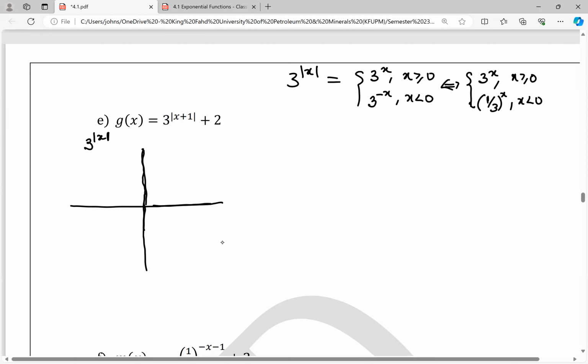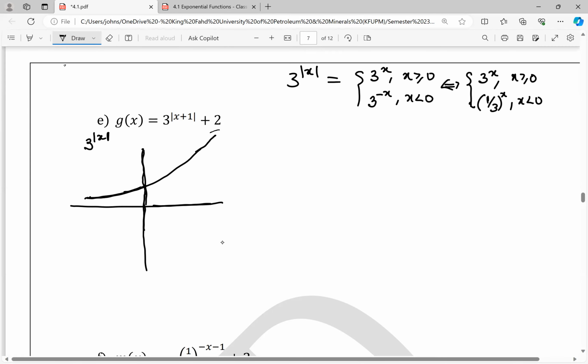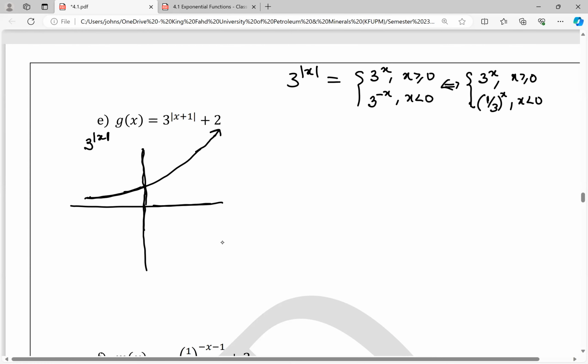This is 3^x, which is increasing, so it goes like this. But this is only when x is greater than or equal to 0, so you keep only that part and remove this part. So it's just this one here.